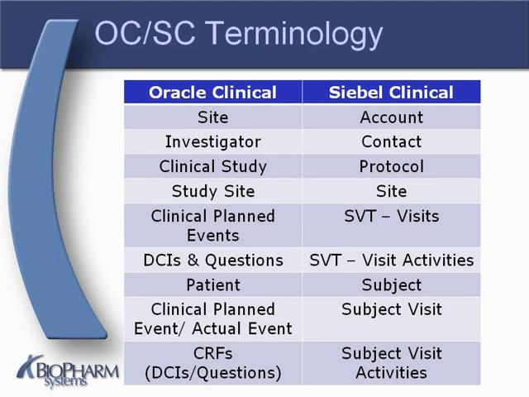DCIs and questions map directly to your subject visit activities in the subject visit template. And this is all during study design. Once the actual events and actual CRFs start getting entered in OC and RDC, those will be the ones that automatically create the actual subject visits and visit activities in Siebel Clinical. Okay.